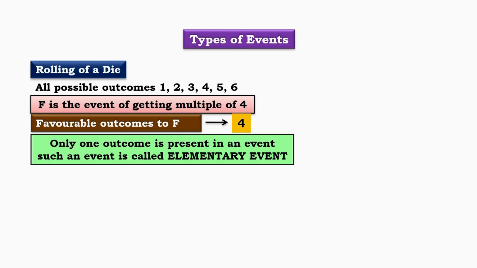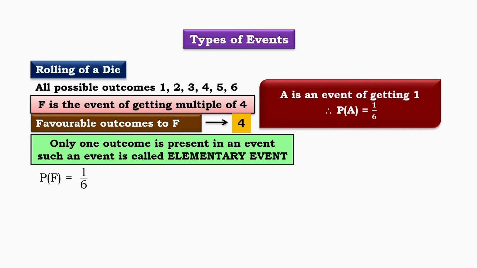So only one outcome is present in the event. Such an event is called an elementary event. If there is only one outcome, that type of event is called an elementary event. In this case, P of F will be 1 by 6, the favorable outcome divided by all possible outcomes.